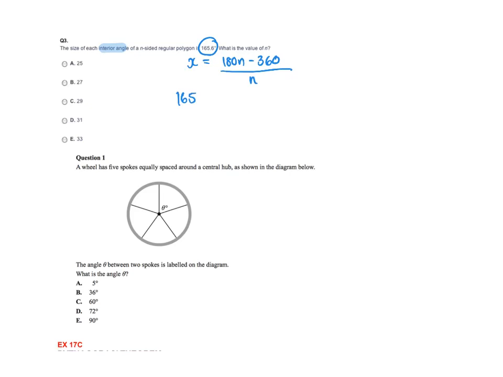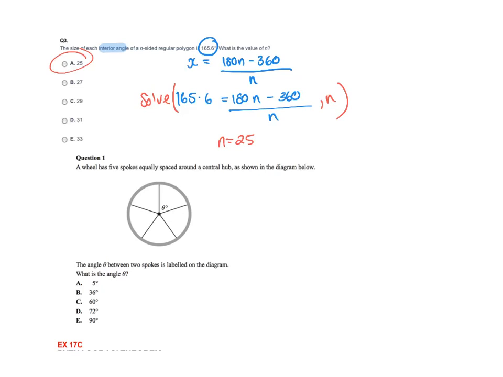So I know 165.6 is equal to 180 n minus 360 divided by n. Can you see n is the only thing I don't know? So you can pop it in and solve. Okay, so we got n to equal 25, which was the answer there.